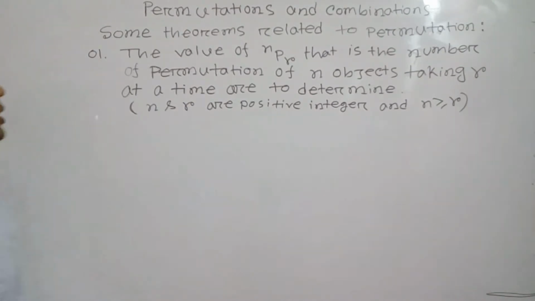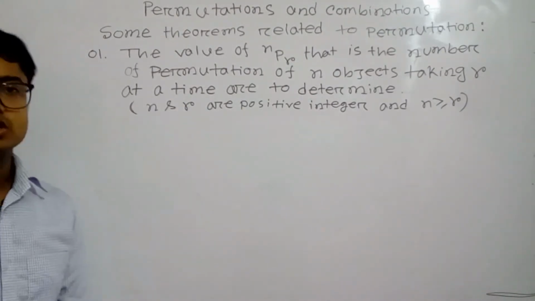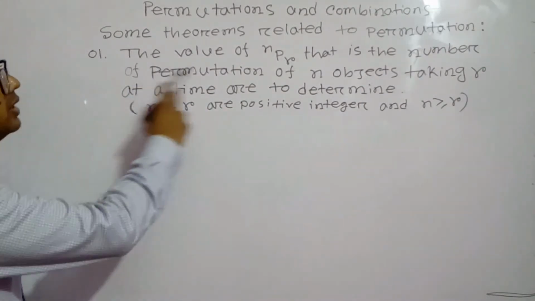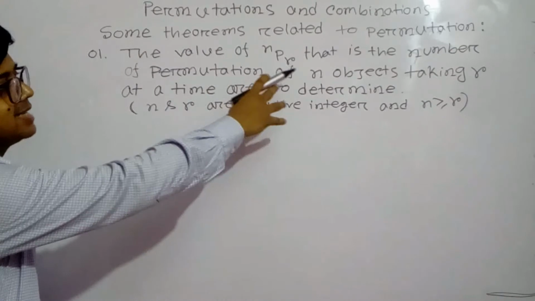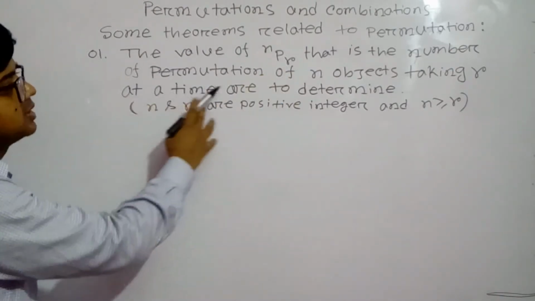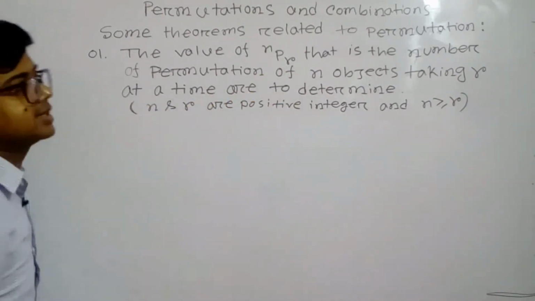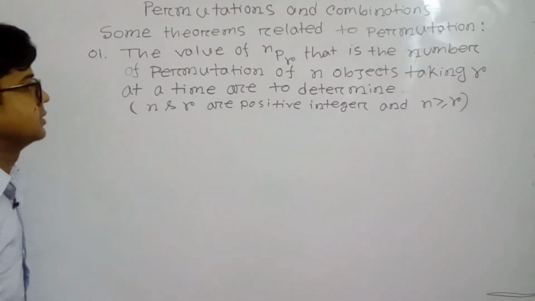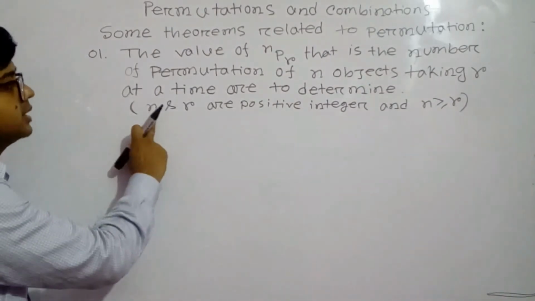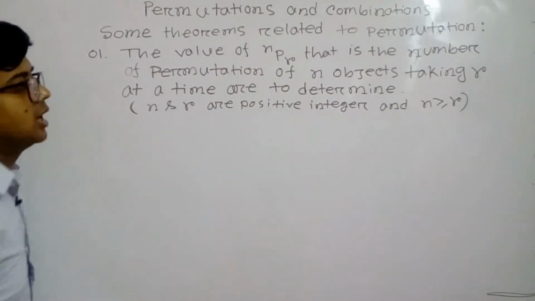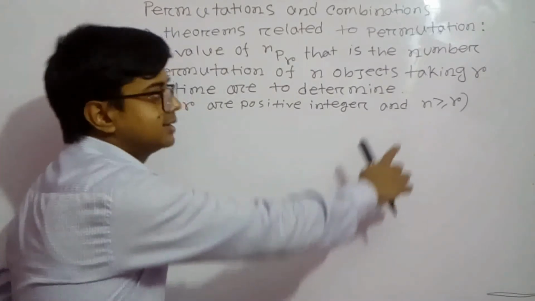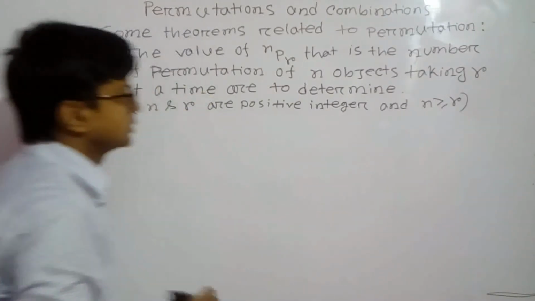Now some theorems related to permutations. Formula number 1: the value of nPr, that is the number of permutations of n objects taking r at a time, to determine, where n and r are positive integers and n is greater than or equal to r.